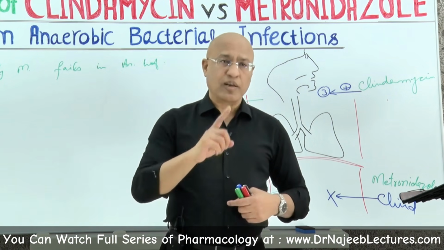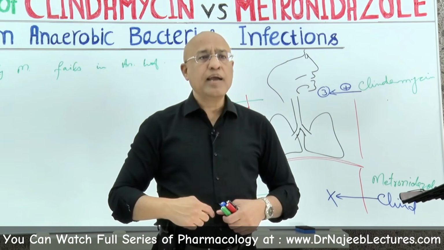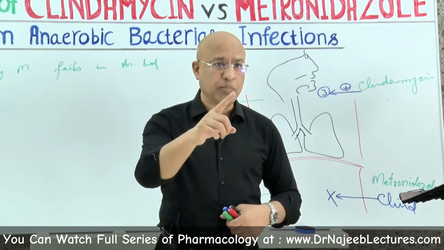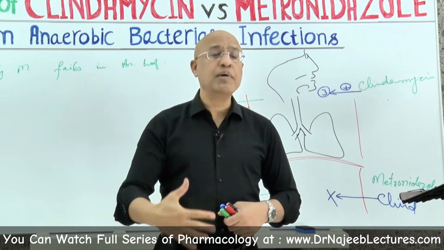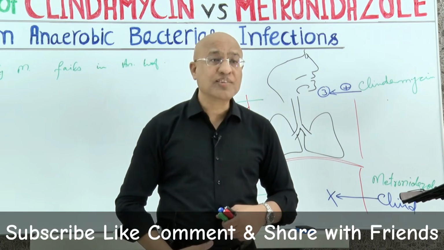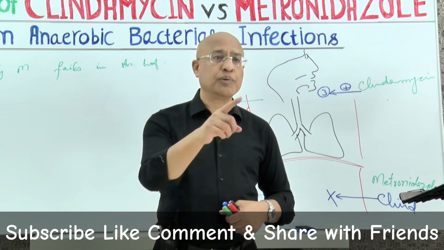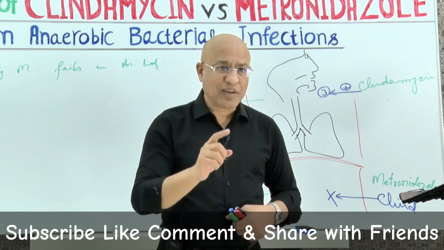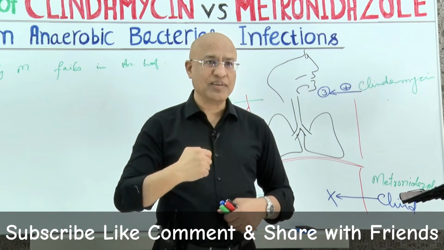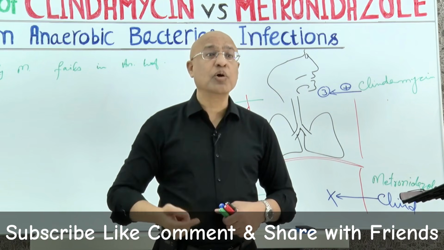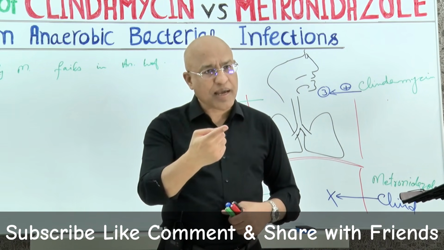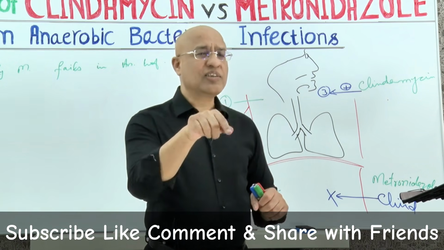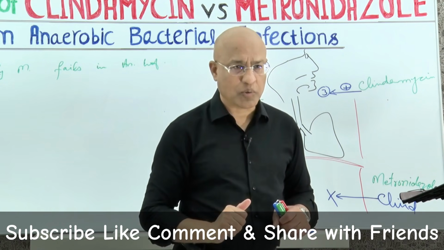Now we have to answer, number one, why metronidazole fails above the diaphragm, especially as a monotherapy, and why it is usually more successful below the diaphragm compared to clindamycin. Third, focus on clindamycin: why it is more successful above the diaphragm, and why it fails below the diaphragm. So let's first focus on metronidazole.